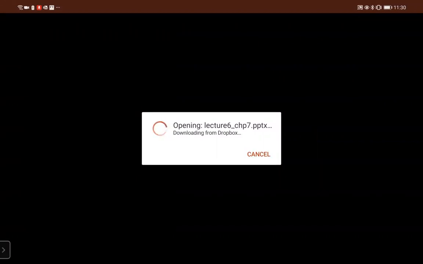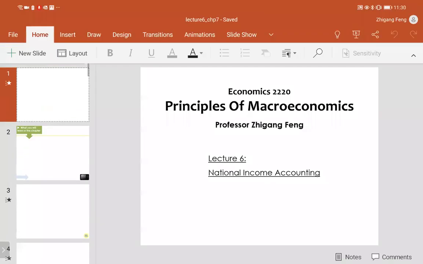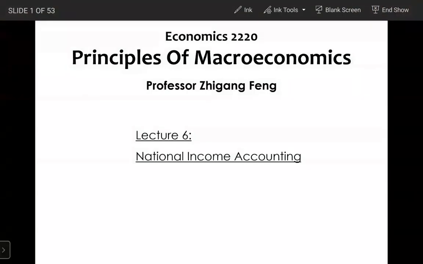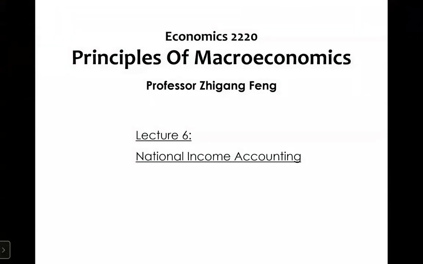We finished the first module, where the main thing was a review of microeconomics. Now we are in the second module, and the entire module is devoted to understanding the measurement of the economy.